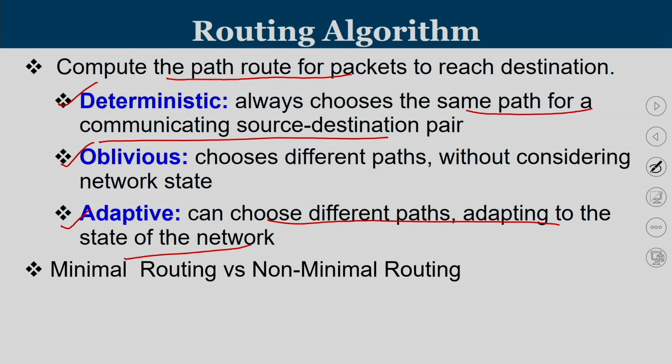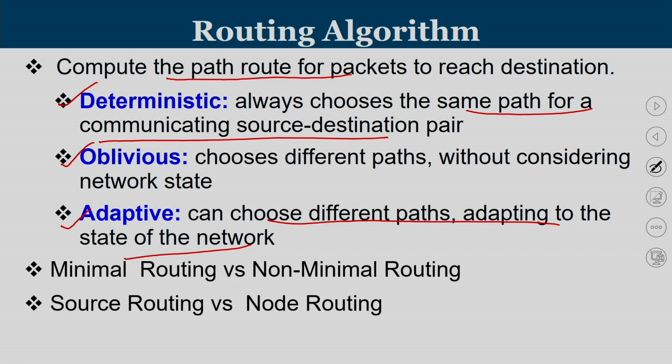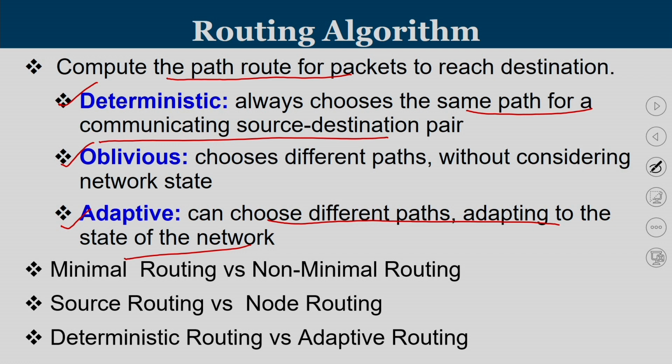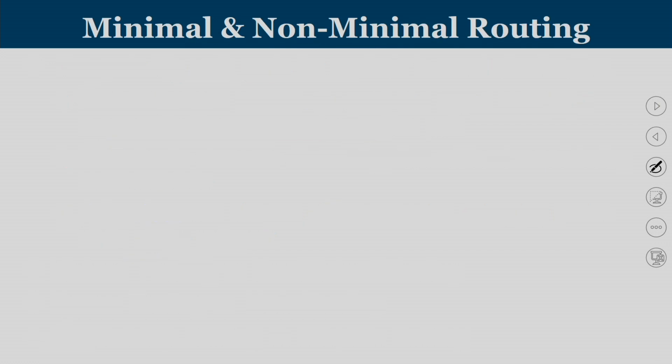We have yet another classification, that is minimal routing and non-minimal routing. The next one is source routing versus node routing, and the last one is what we have seen already, deterministic versus adaptive. We will try to understand what are the other types of classifications of routing algorithms.